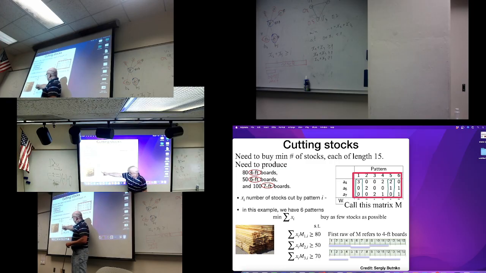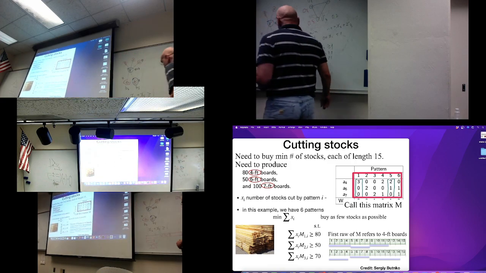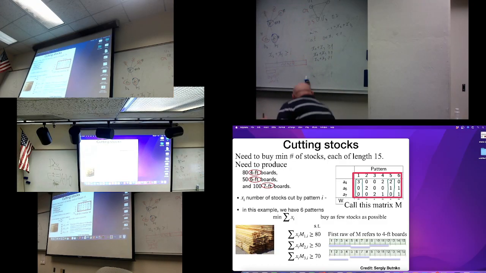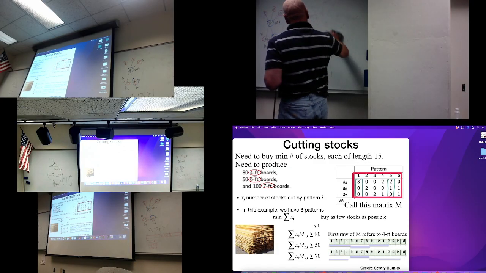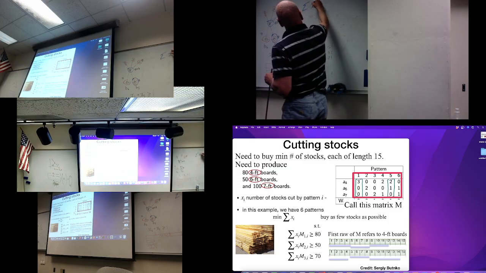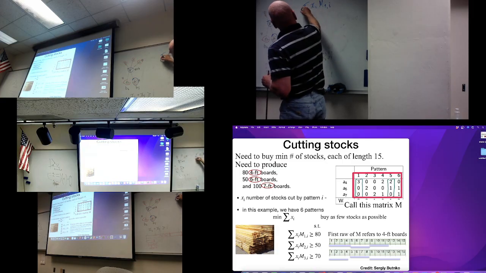So what is Xi times M1? The 1 here says it's row 1, times i. Let's write this expression exactly for this example. Sigma Xi M1,i.